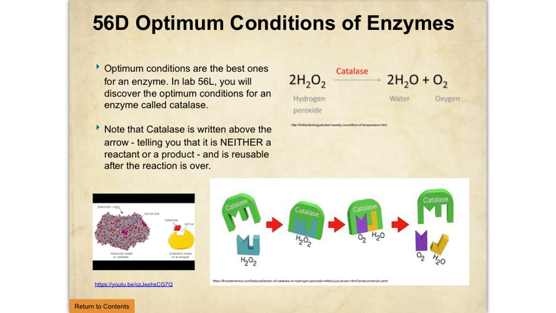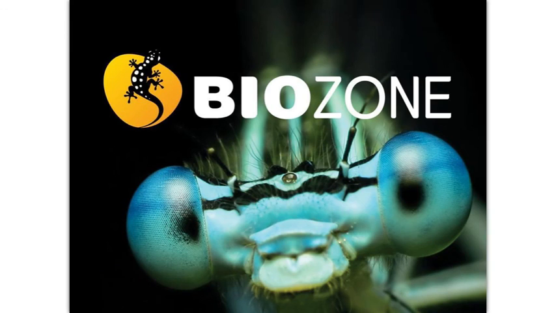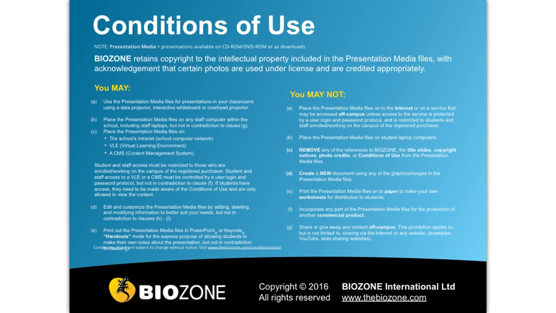And then we're going to do this catalase activity in class. In this lab, you're going to discover the optimal conditions for when catalase works. Catalase is an enzyme that will work on hydrogen peroxide to break it down into water and oxygen. And that's it for this unit. Okay, there's a lot.